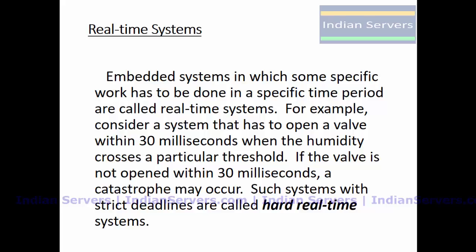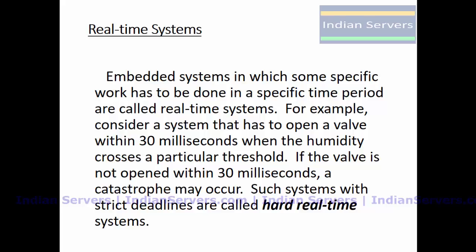If it crosses the timing deadline, destruction may take place. The best example for hard real-time embedded system is aeroplanes. At the time of landing of aeroplanes, the tires should open at a particular time. If they don't open at that particular time, destruction may take place.